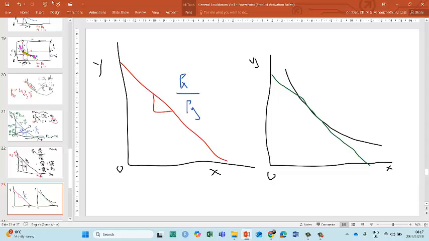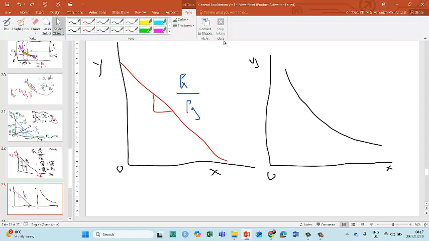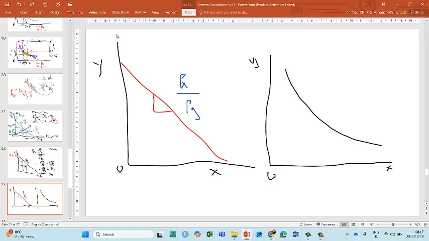Oops, sorry. Let's see if hopefully it doesn't shut down. Now I need to draw it. See if I can draw it nicely. It's difficult. There we go. It's not looking good.